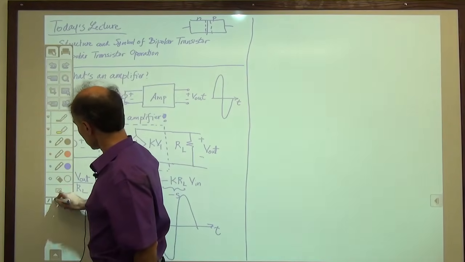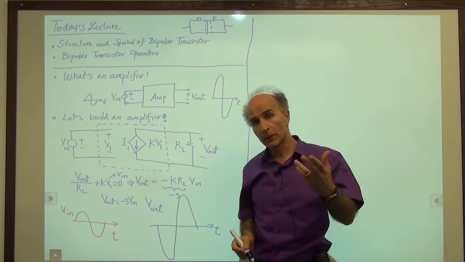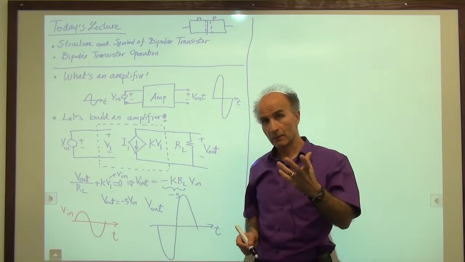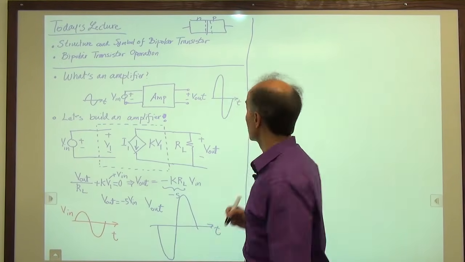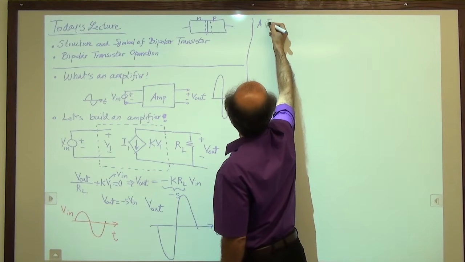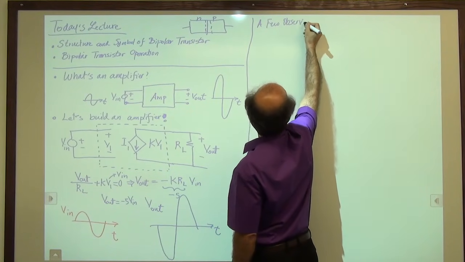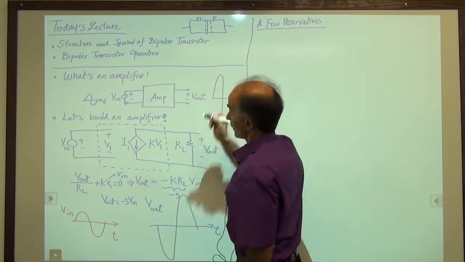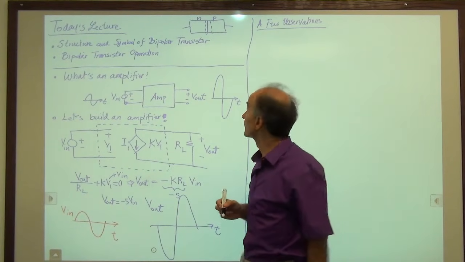So, before we jump into the bipolar device, I need to refresh your memory about a few concepts that we have seen before and just make some other observations. So please be patient for now and let's do this. Okay, so a few observations. These are really from the p-n junction studies that we have done before.